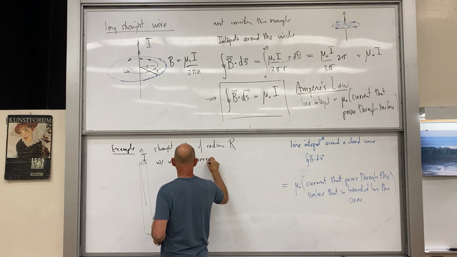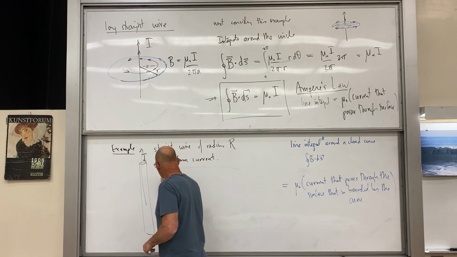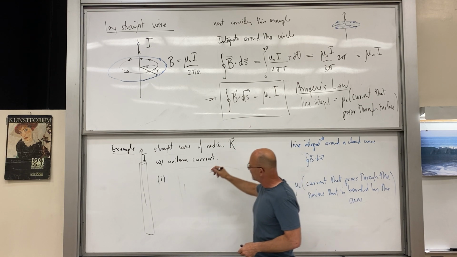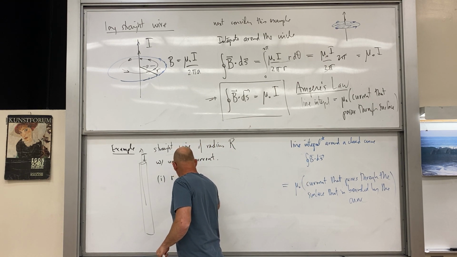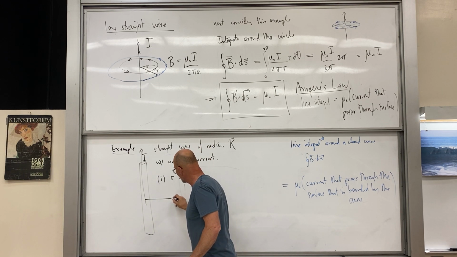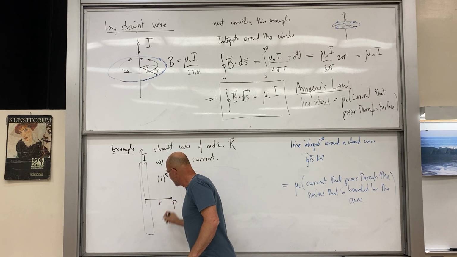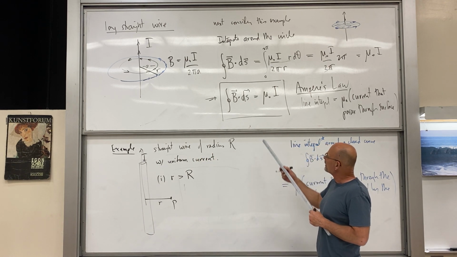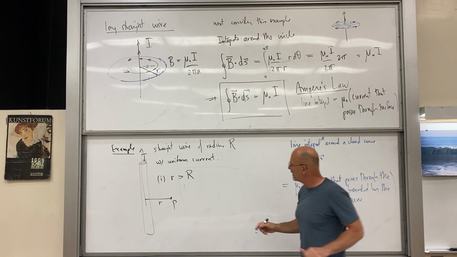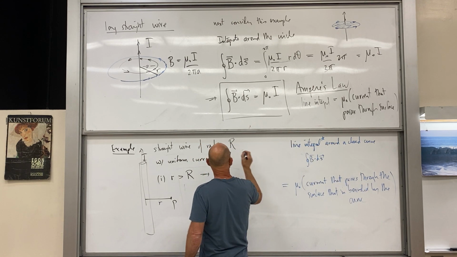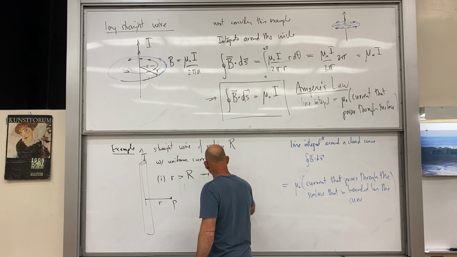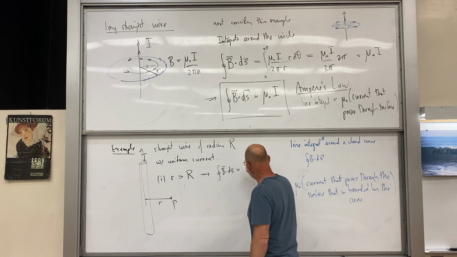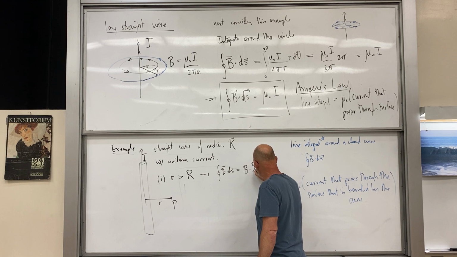Okay. So first of all, if we're outside this wire with a radius R, so if r is greater than capital R, and that's our distance to some point P, if it's greater than R, then nothing has changed. Then we have this statement here, mu naught, so integral B ds is simply going to be B times 2 pi r.